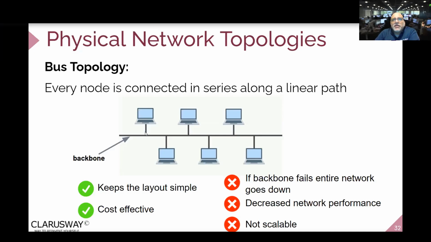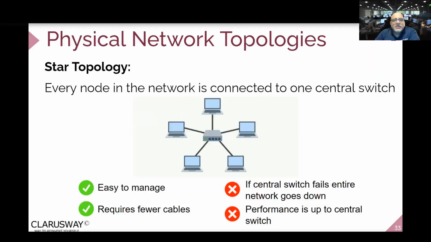Don't answer me yet. We're going to get to that answer at the end. But is this something that looks similar to what you might have in your home? Is there one cable that runs all the way through and everything connects to it? Okay. All right, let's go to the star topology.